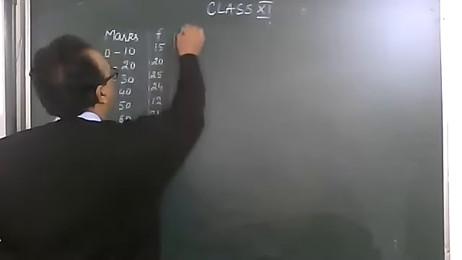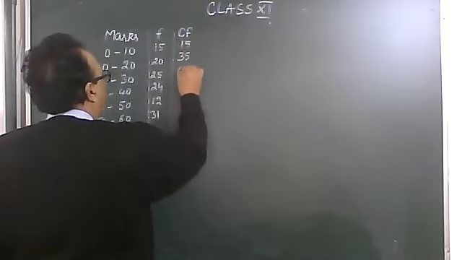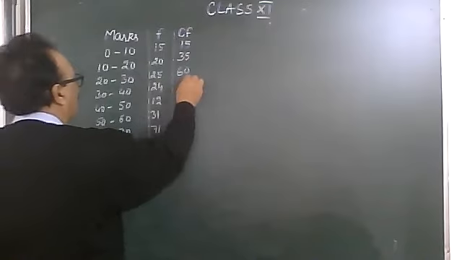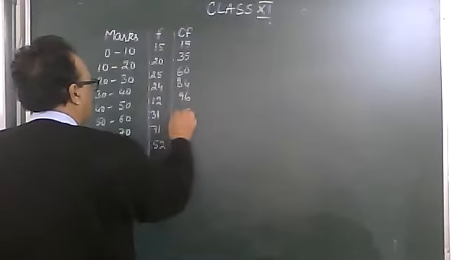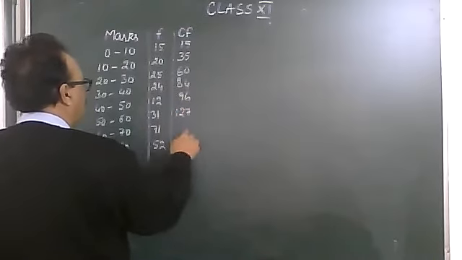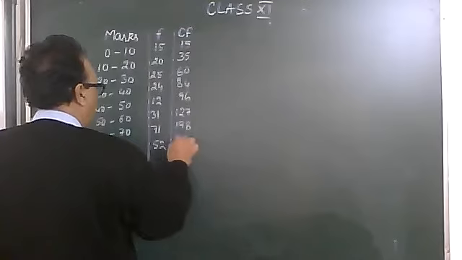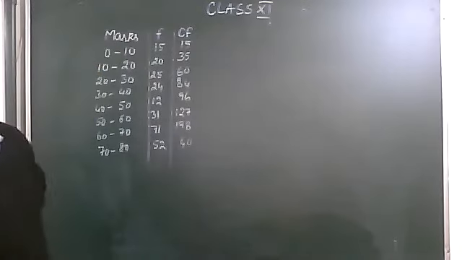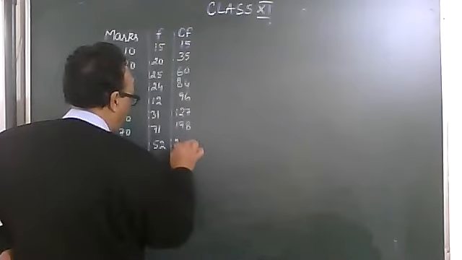First is CF, cumulative frequencies. 15 plus 20, 35. 35 plus 25, 60. 60 plus 24, 84. 84 plus 12, 96. 96 plus 31, 127. Then 127 plus 71 is 198, plus 52, 250.